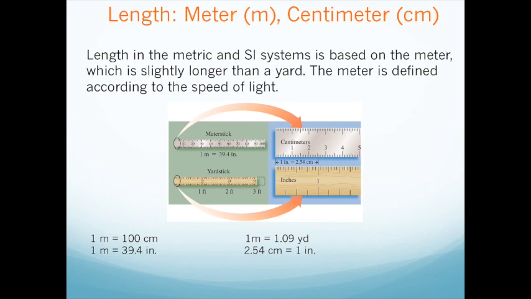And nowadays the meter is defined according to the speed of light, which we won't go into in more depth right now, but it's a fun thing to know. And a centimeter is 1 inch is equal to 2.54 centimeters.